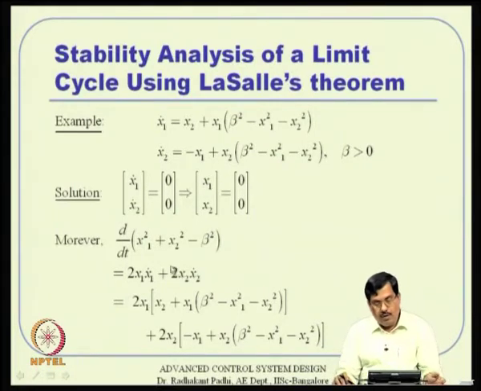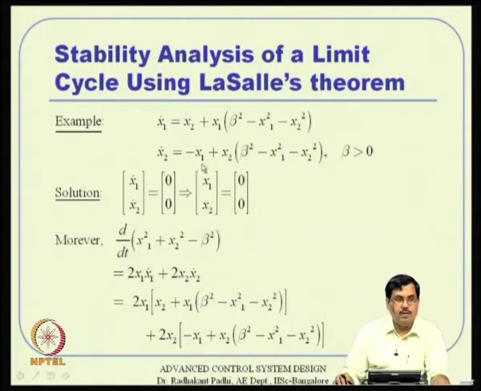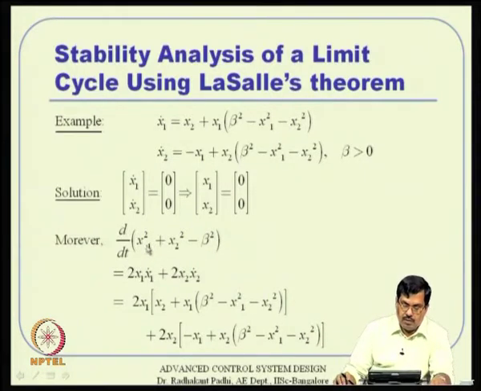However, let us analyze this expression with respect to the system dynamics. This is the same expression you have here, with a negative sign probably. If you take d/dt of the expression x1 square plus x2 square minus beta square, where beta is a constant anyway, it turns out to be 2x1 times x1 dot plus 2x2 times x2 dot.